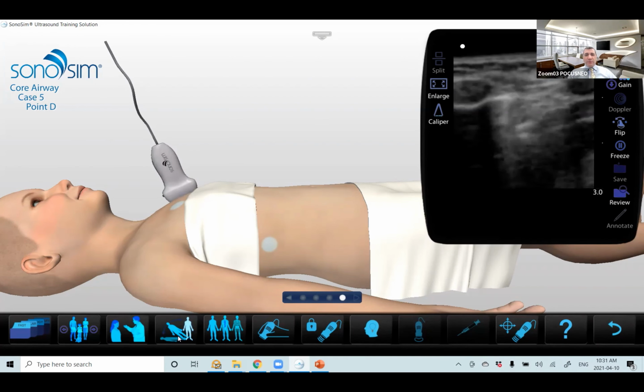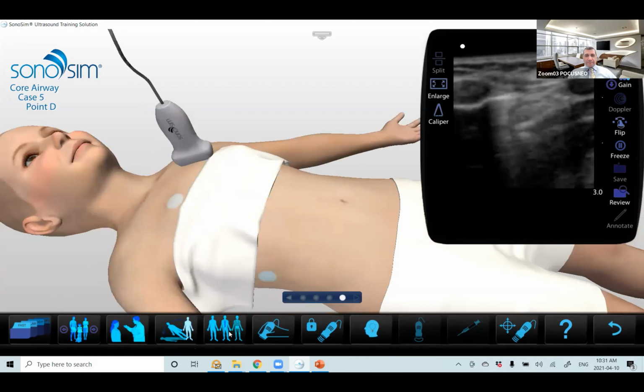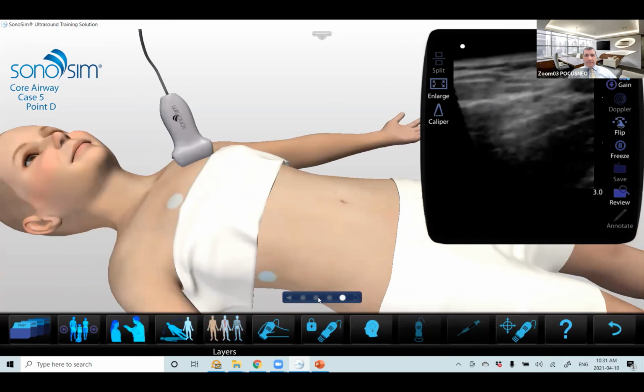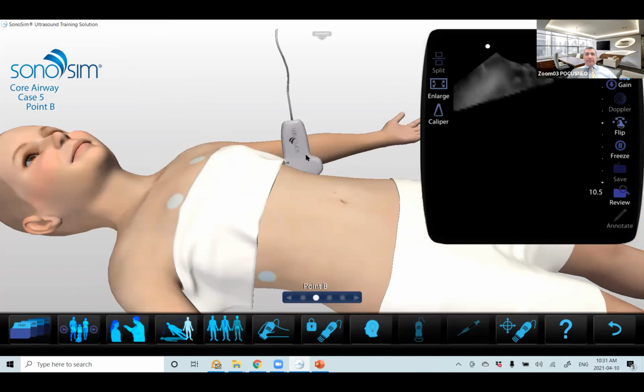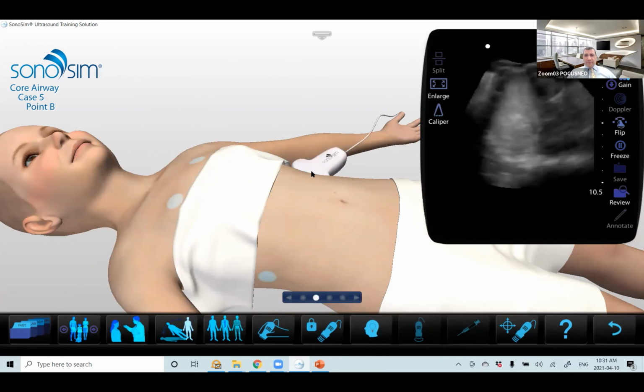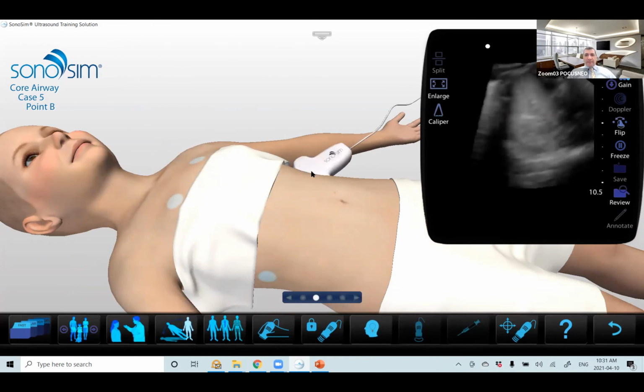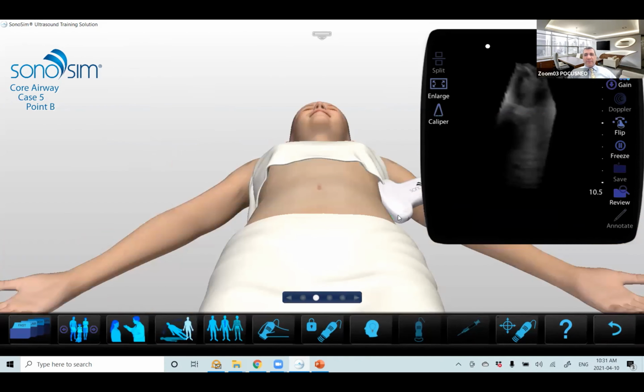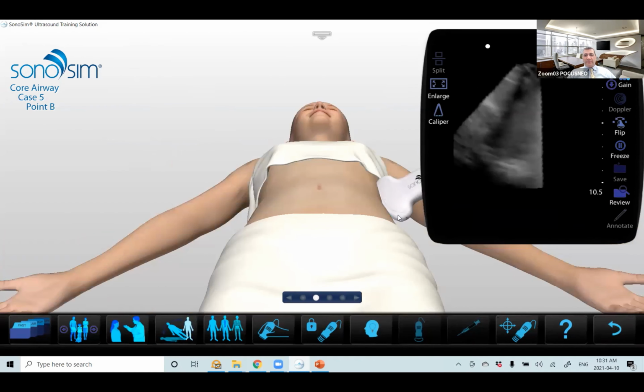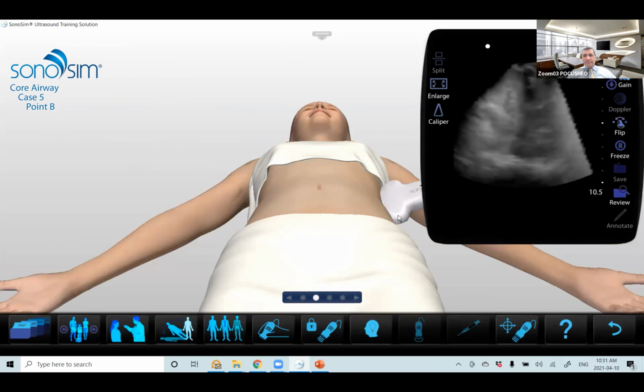Now let me show you again the left side or the left diaphragm. You need to use the convex probe for the diaphragm. So apply the probe more posterior, to the posterior axillary line, because the spleen is more posterior compared to the liver. I think you know that from the anatomy.